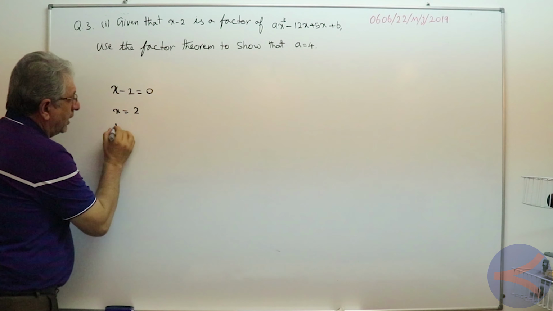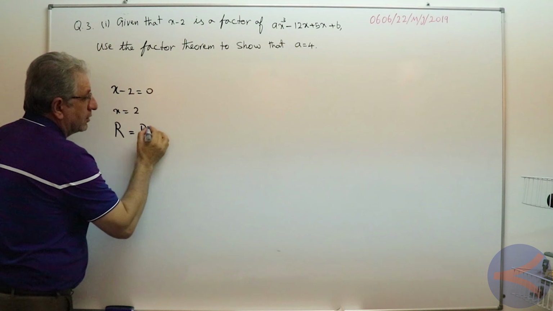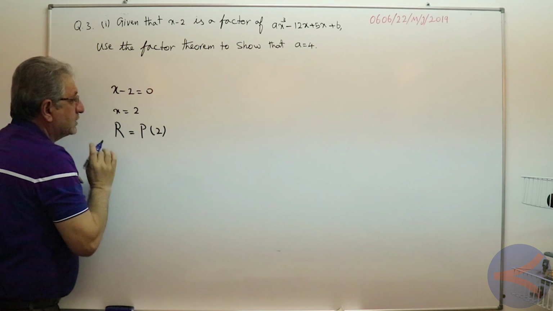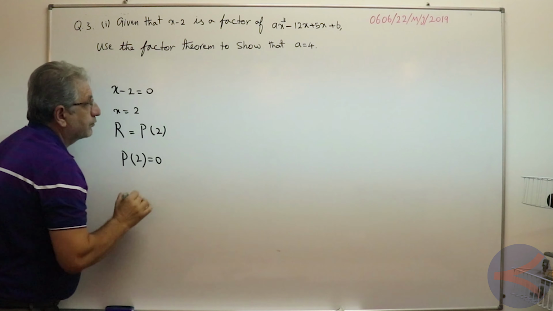Therefore, the remainder is equal to p of 2. Since it is a factor, this remainder is 0. Therefore, p of 2 is equal to 0.